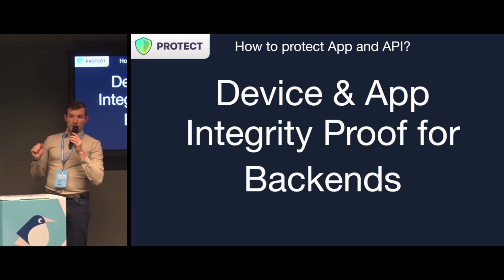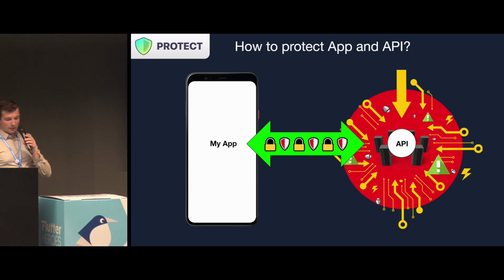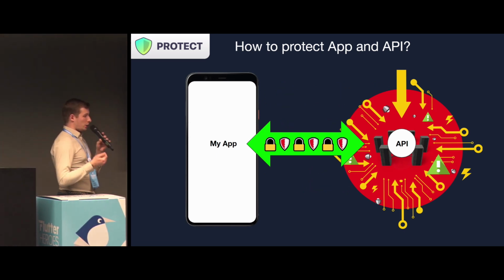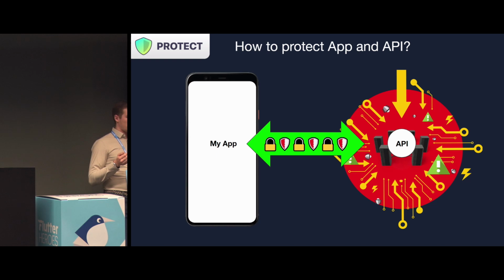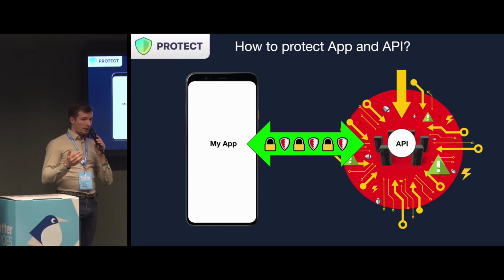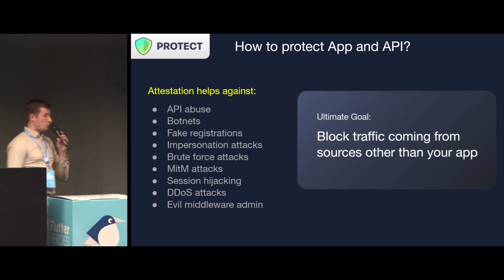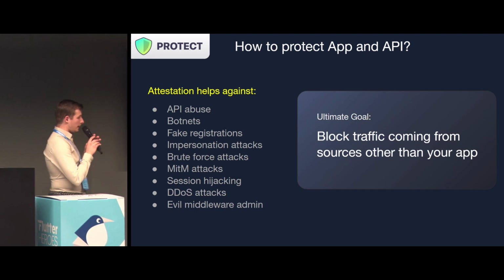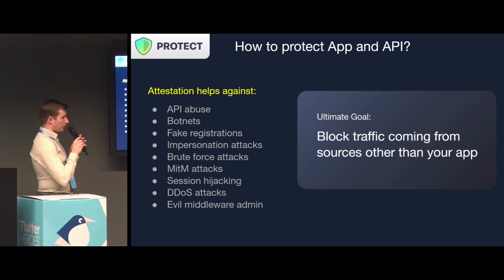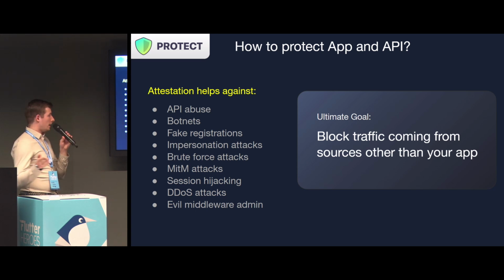and basically a way to ensure that your backends stay protected and communicate only with your application and nothing else. Because in reality, you need to ensure that your backends are not abused by third parties like hackers who try to fuzz your API, or by fake registrations, botnets, or impersonated calls.